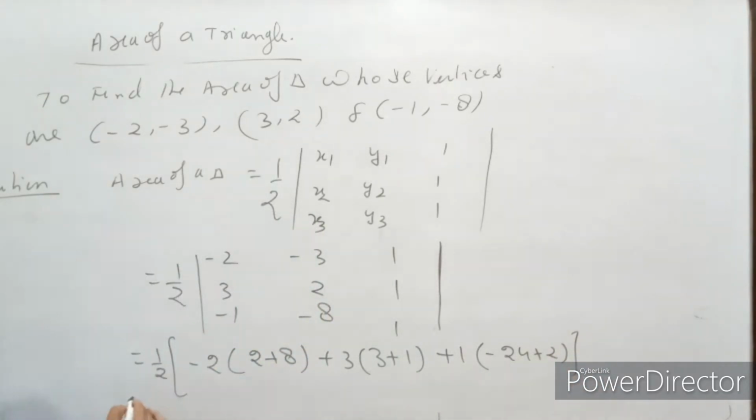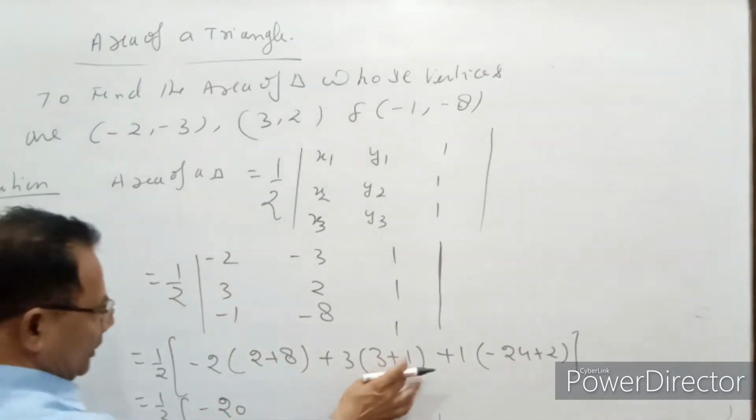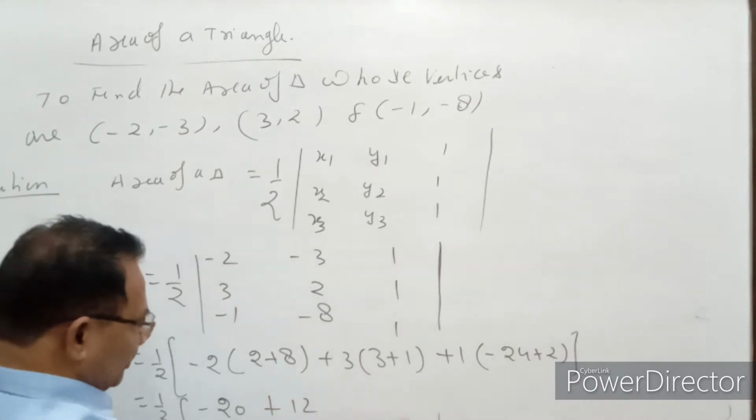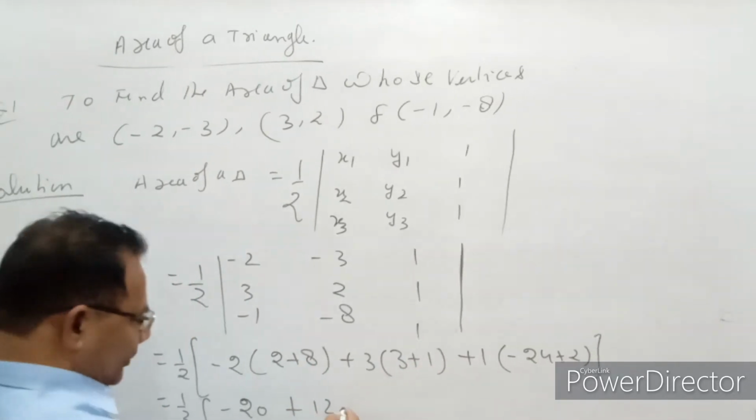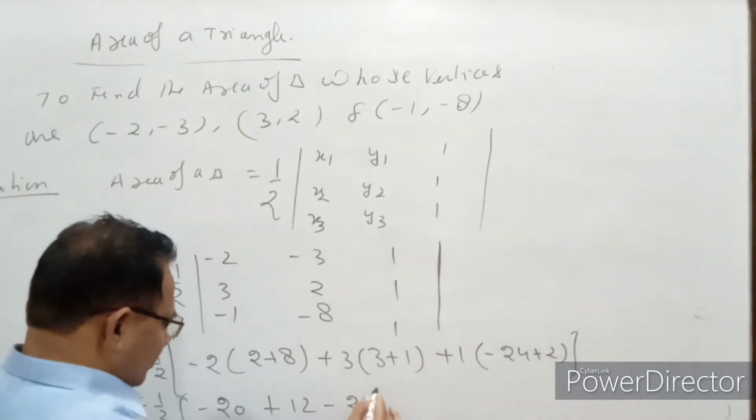This is equal to 1/2 times (-20 + ... ), that is -22.